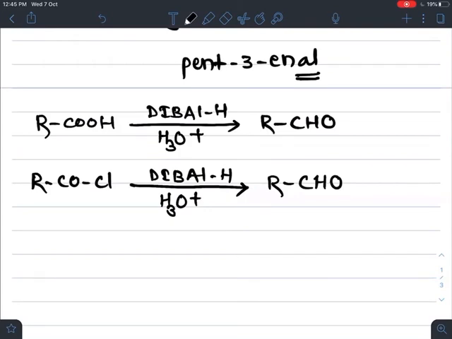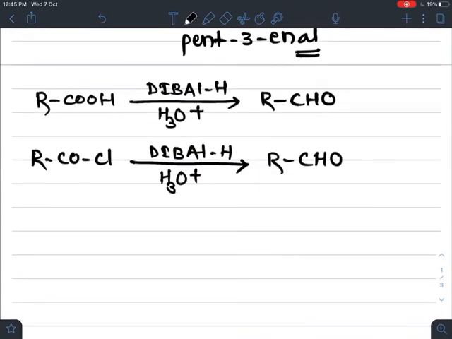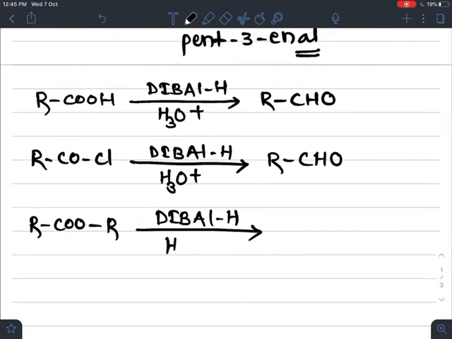And one more method is there, with esters. What is the general formula of an ester? RCOOR. When it undergoes reduction with diisobutyl aluminum hydride and further acid hydrolysis, it is again converted into its corresponding aldehyde.